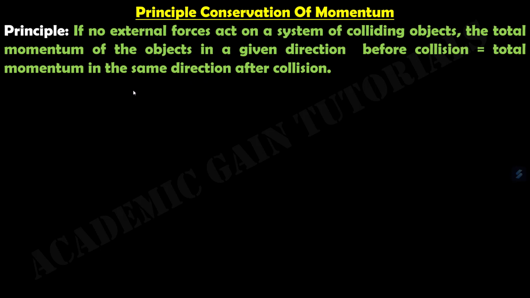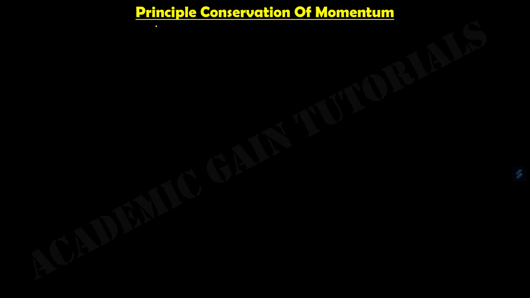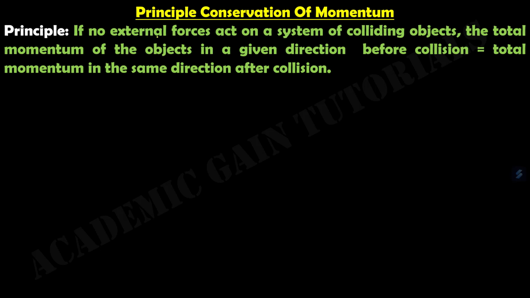In this video, we will discuss the principle of conservation of momentum. Here we will see how conservation of momentum works and what the meaning of conservation of momentum is. First of all, the principle says that if no external forces act on a system of colliding objects, the total momentum of the objects in a given direction before collision equals the total momentum in the same direction after collision.